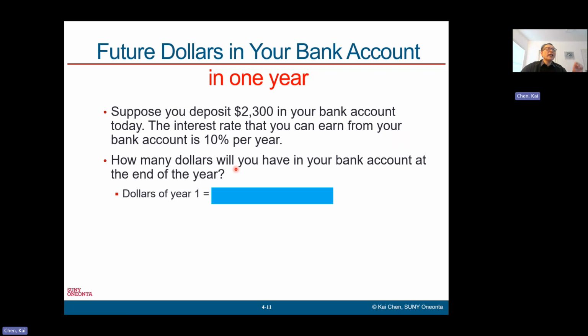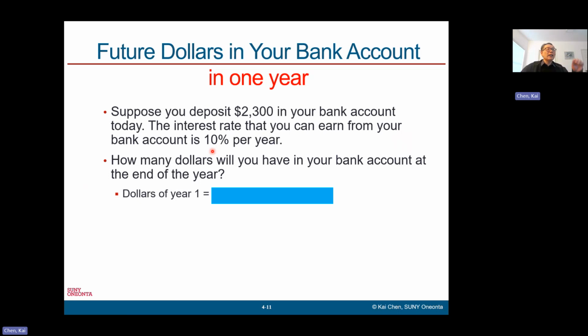Now what is the beginning value of this variable? That is $2,300. And this is a single period growth. The growth rate is nothing but the interest rate your bank will pay to you. That is 10%, right?